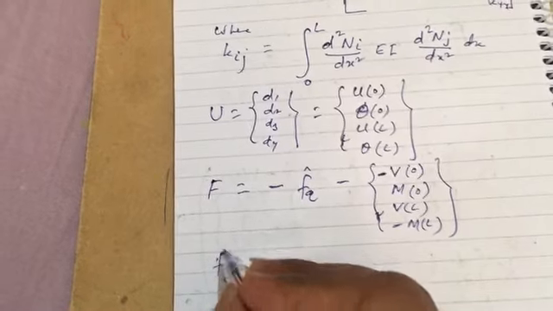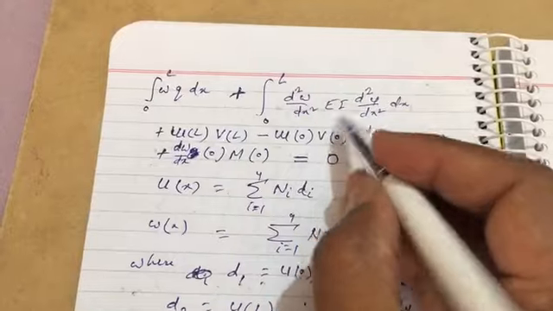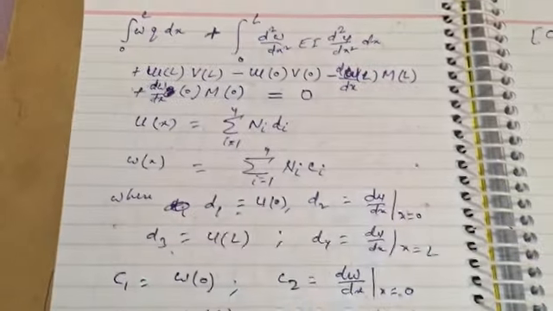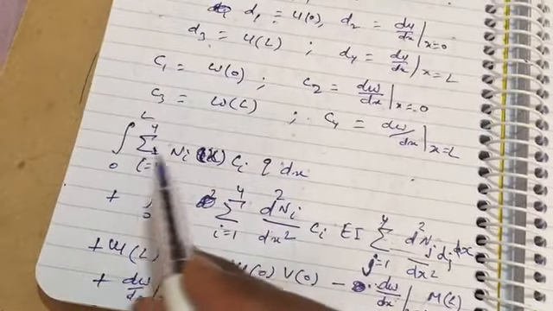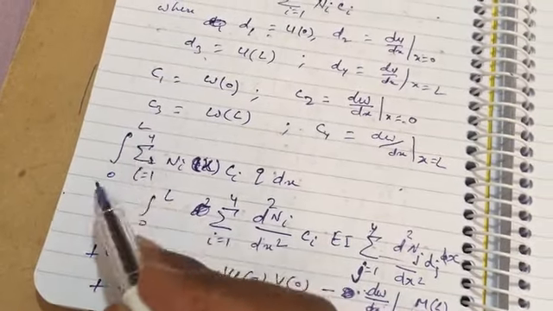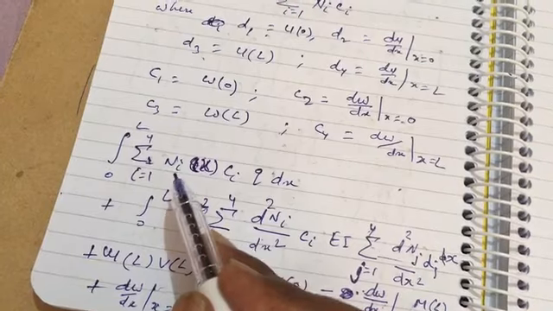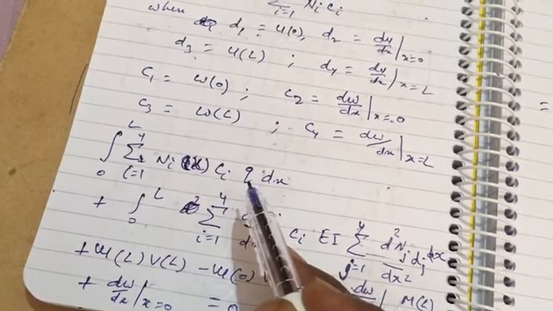Of course, what is the expression for Fq? As you see here, this comes from this term. This will be simply the integral from 0 to L of Ni times q.